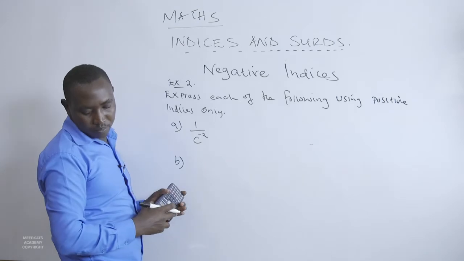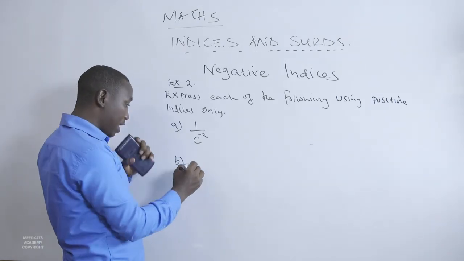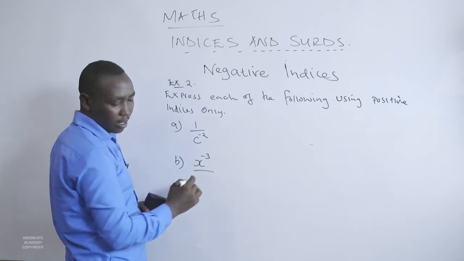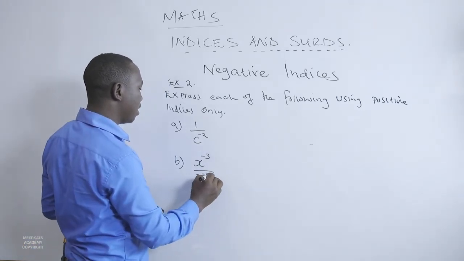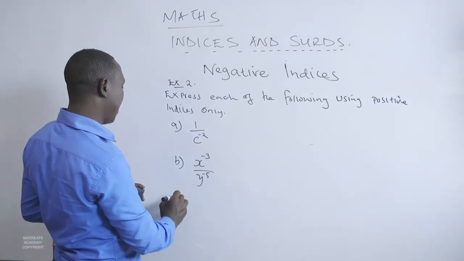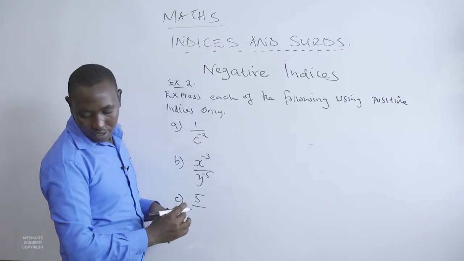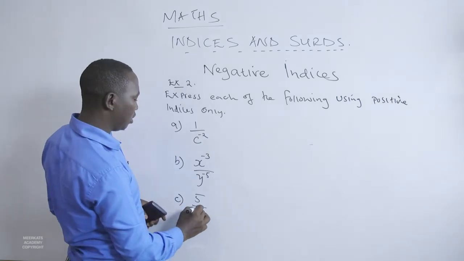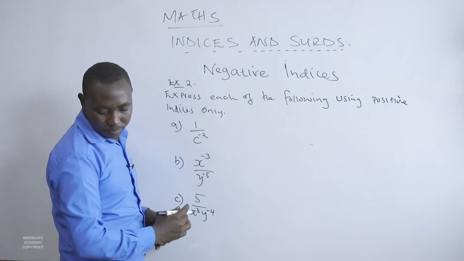Number B, we have x raised to negative 3 divided by y raised to negative 5. Then finally C, we have 5 divided by x cubed y raised to negative 4.